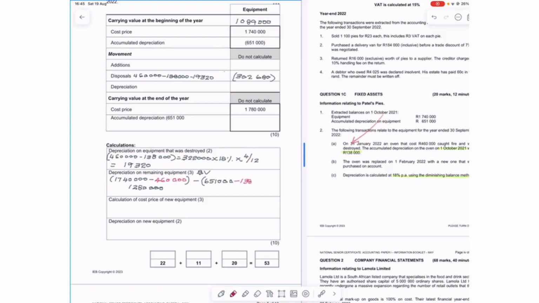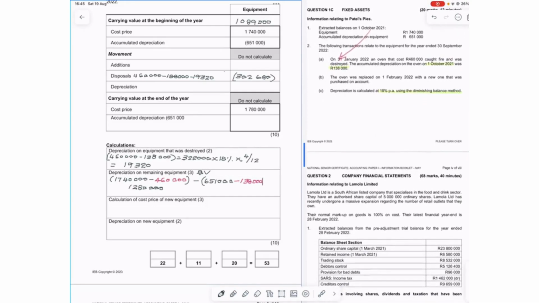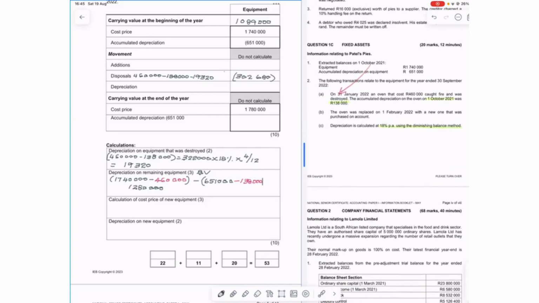We've got to remove that from our calculation, and that was 138,000. So your accumulated depreciation is 513,000.